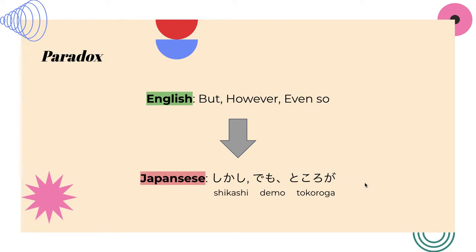And there are other paradox words that I haven't included, so don't think that there are only 3. There are way more, and it's very complicated, even for Japanese speakers.